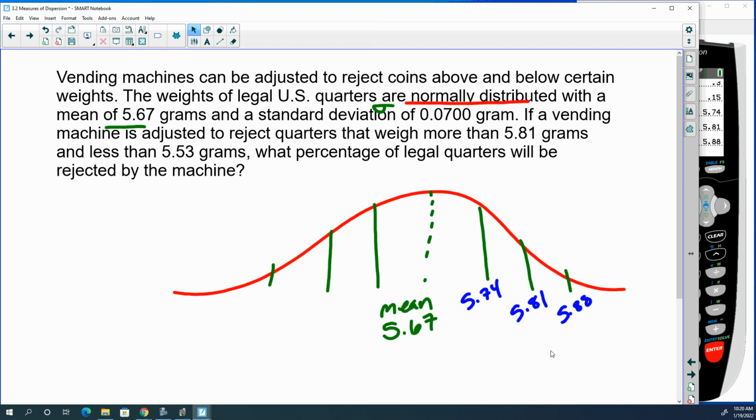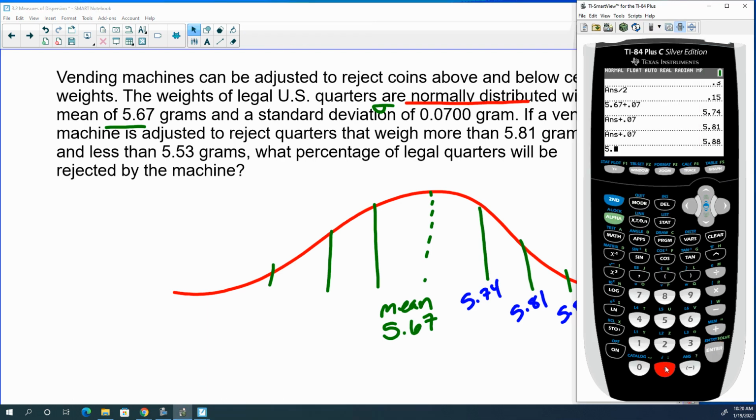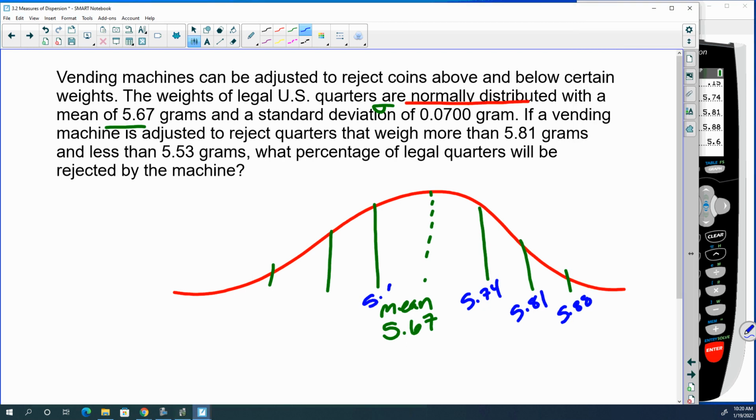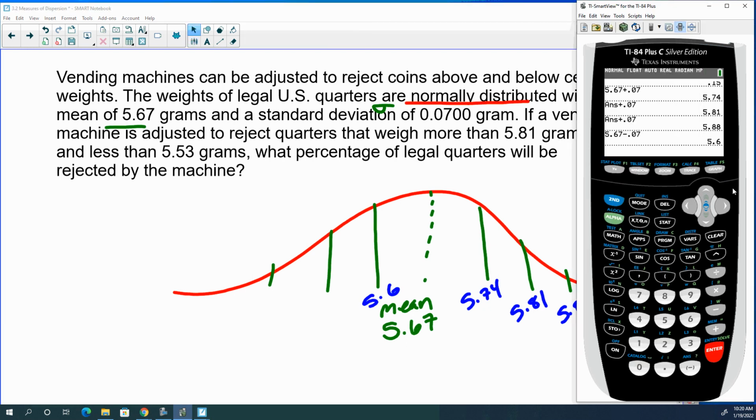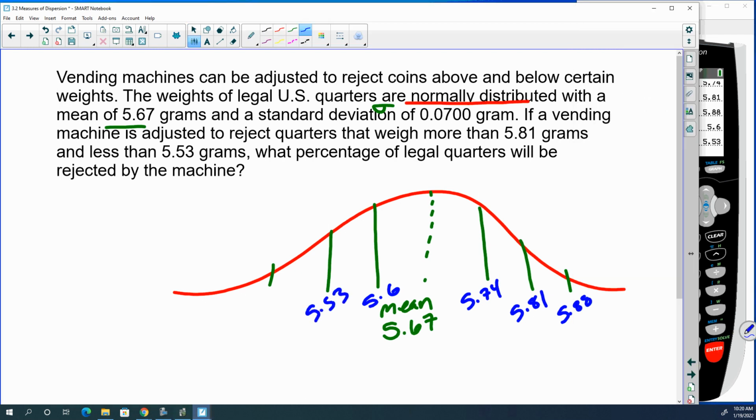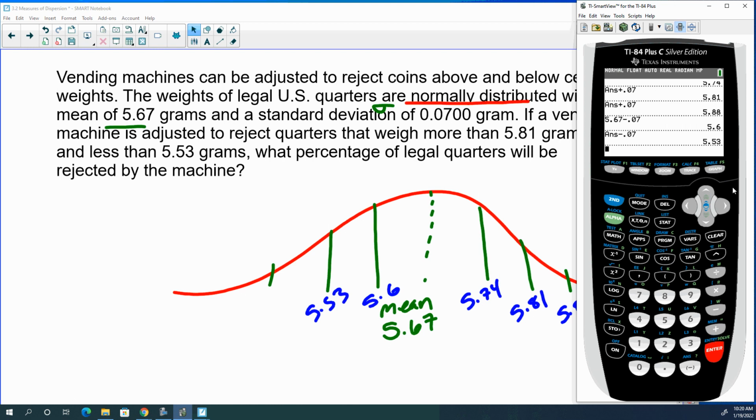And then to get the numbers the other way, again, I'm going to start at the mean, 5.67, and now I'm going to subtract off the standard deviation. So then I get 5.6, and then subtract off the standard deviation, and I get 5.53, and then subtract it again, and I get 5.46.